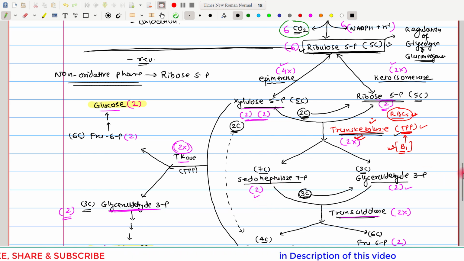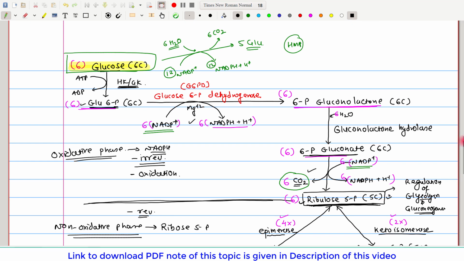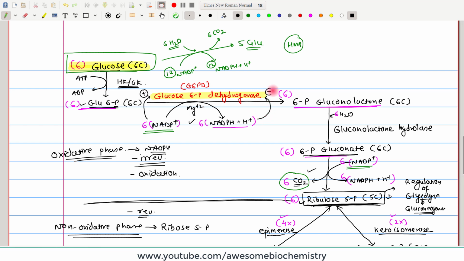Now how is the hexose monophosphate pathway regulated? As I told you earlier, the main regulatory as well as rate-limiting enzyme is glucose 6-phosphate dehydrogenase. This glucose 6-phosphate dehydrogenase is under tight regulation. NADP plus acts as a positive allosteric activator of glucose 6-phosphate dehydrogenase, whereas NADPH is the negative allosteric inhibitor of this enzyme.